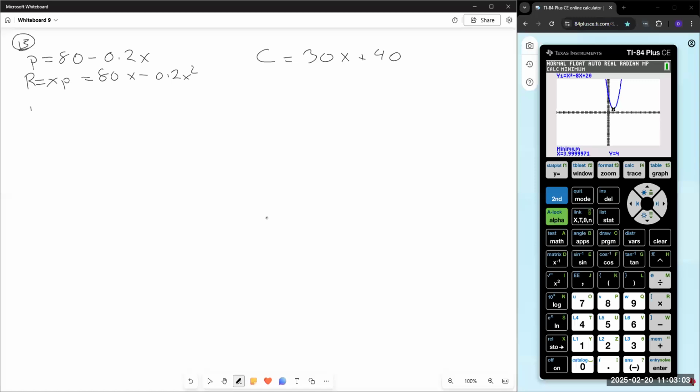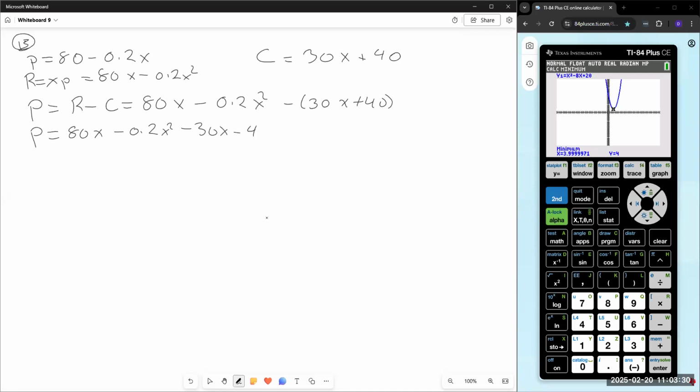And my profit equation is going to be R minus C, which is 80x minus 0.2x squared minus the quantity 30x plus 40. Profit equation is 80x minus 0.2x squared minus 30x minus 40.